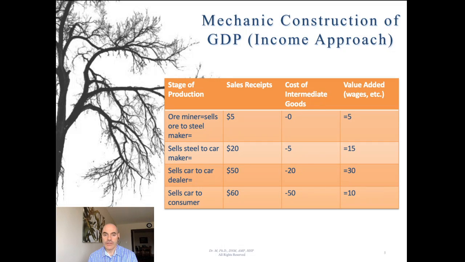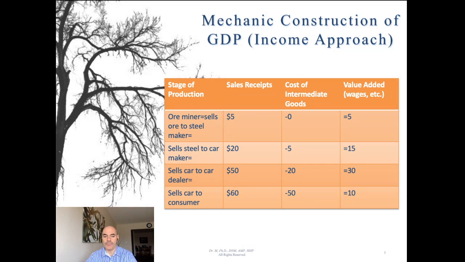Then the next one, sales receipts, what people get after they make a sale. The third one, cost of intermediate goods, and the fourth one, value added.